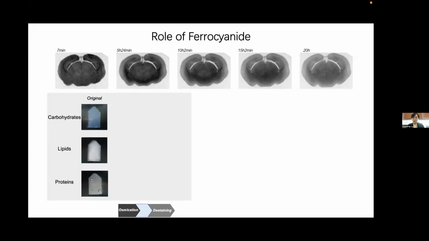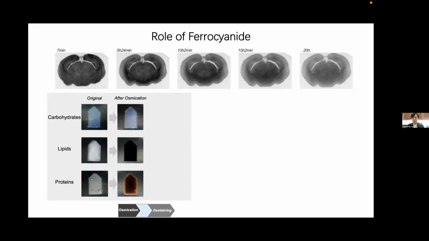To figure out what portion of osmium was being removed, I made 3 test gel blocks to represent carbohydrates, lipids, and proteins. After first osmication, the lipid block and the protein block turned dark, but the carbohydrate block was unstained. It means that lipids and proteins can form strong bonding with osmium, but the carbohydrate can't.